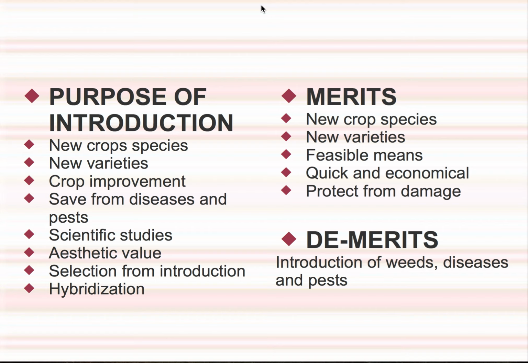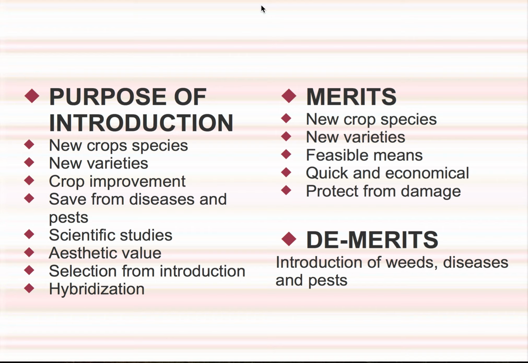And this introduction and exploration is a very feasible method of plant breeding for improvement. It is very quick and also economical, and it protects variability from genetic erosion. It is particularly quick and economical when the introductions are released as varieties either directly or after a simple selection.